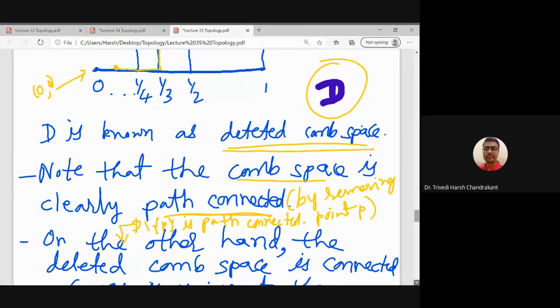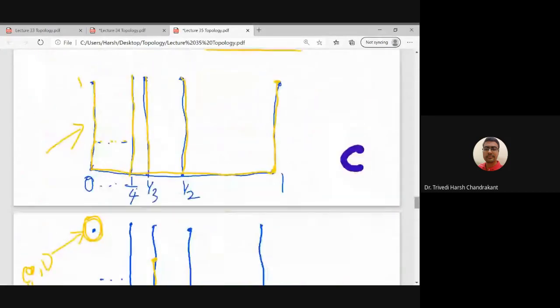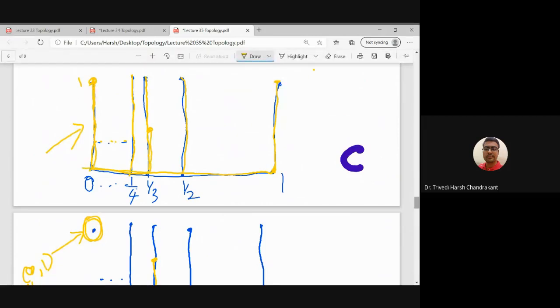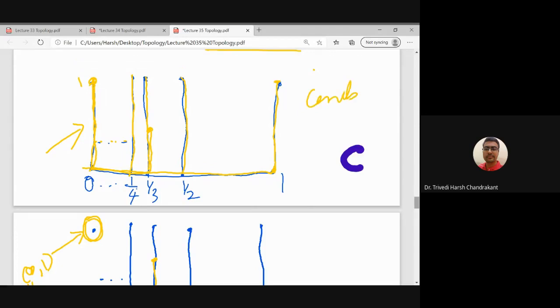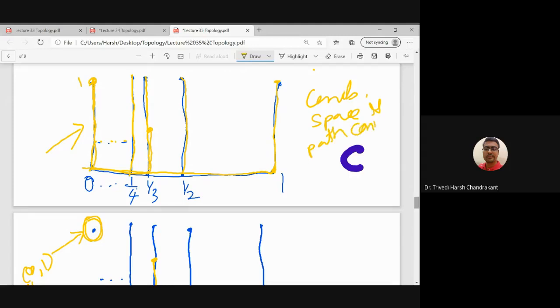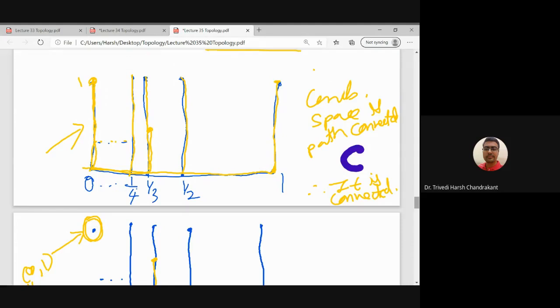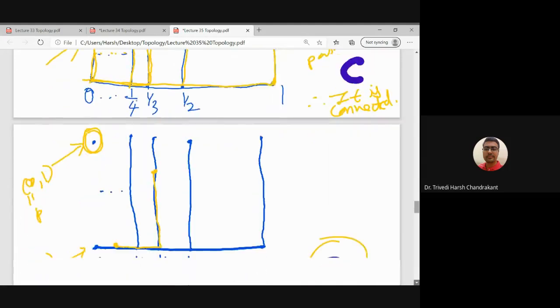Here I am writing that COMB space is path connected. So that is true because in COMB space even P we can connect by any other point by going to origin, right? So COMB space is path connected. So therefore it is connected. So COMB space is both connected as well as path connected.